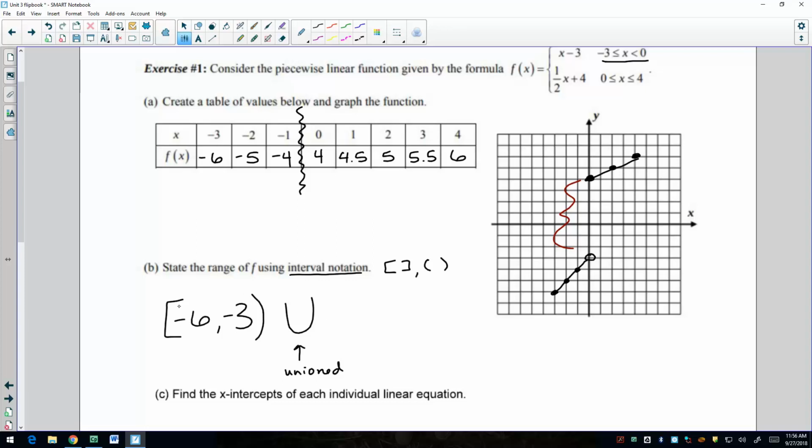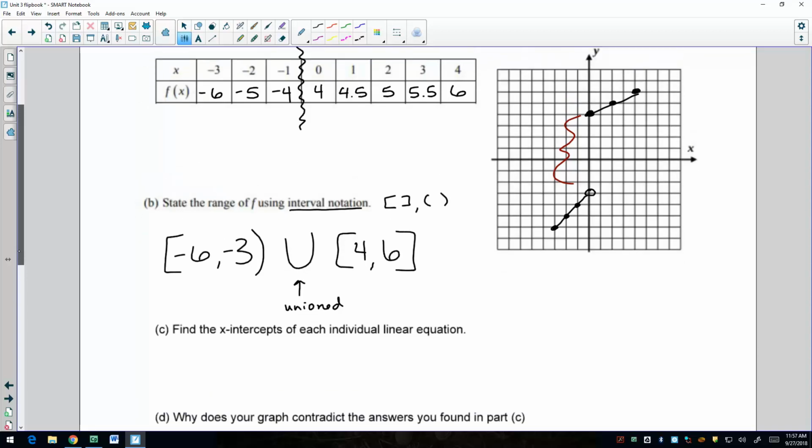So it's this interval unioned with, my range picks back up at 4, and it includes 4, and the highest it goes is 6. So this says that the range is from -6, including -6, up to -3, but not including -3, unioned with 4 to 6.